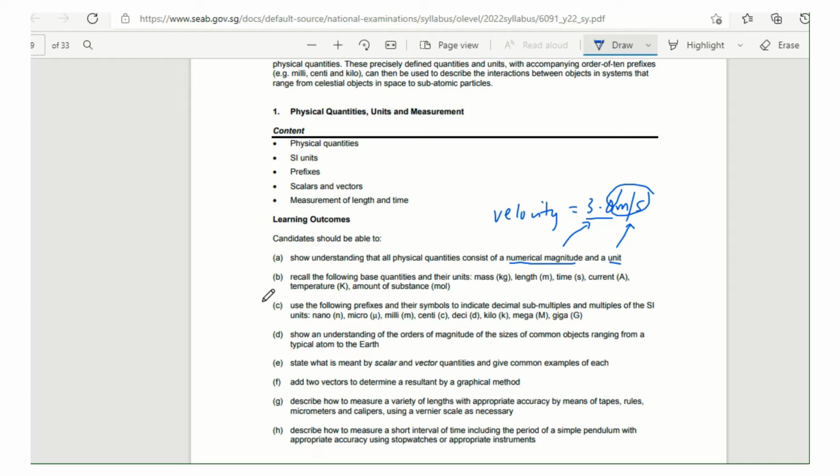Then part C, you need to know the following prefixes and their symbols. This one is important.